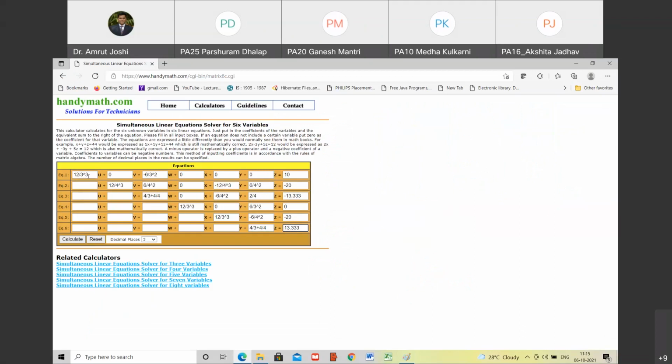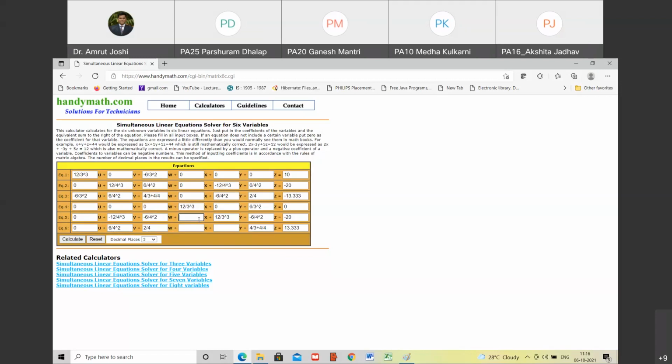Now let's complete the remaining terms. The coefficients of the rows, tell me one after another, those are going to be the coefficients of the column, so that symmetry is there. 6, 0, minus 6 by 3 square, then 0, 0, 0. Then what is going to happen here? It is going to be 6 by 4 square, then 0, then minus 12 by 4 cube. Am I right? And 6 by 4 square, 0 and 6 by 4 square, 6 by 4 square. Now third row, that is 0, then minus 6 by 4 square, then 2 by 4 and 2 by 4.